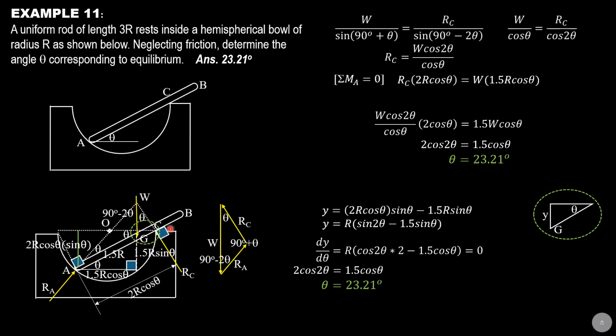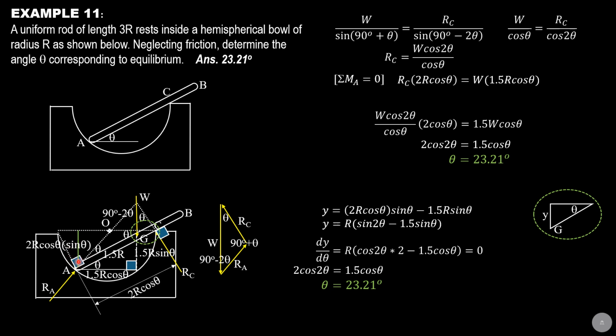Now for the second solution, which is calculus, the smooth rod will be at rest when its center of gravity is vertically farthest from the center. So for instance, if you put a ball here, the ball will first sway back and forth until such a time that it will settle at the bottom, and that will only be in equilibrium when its center of gravity is farthest from the top.